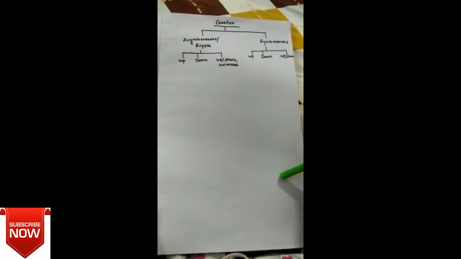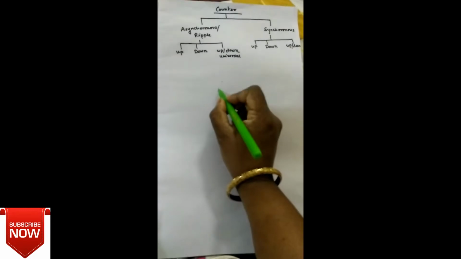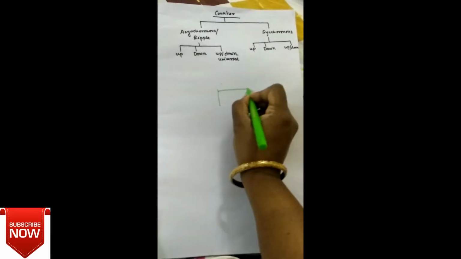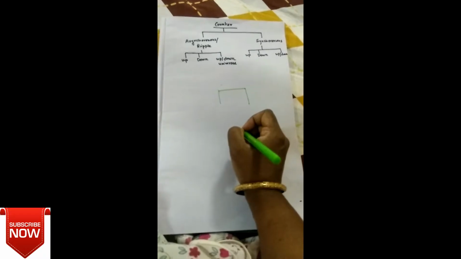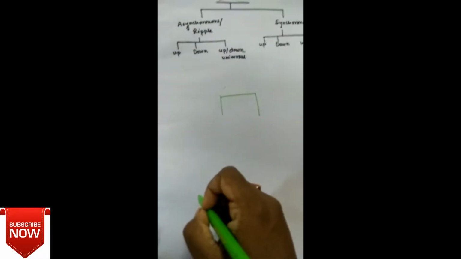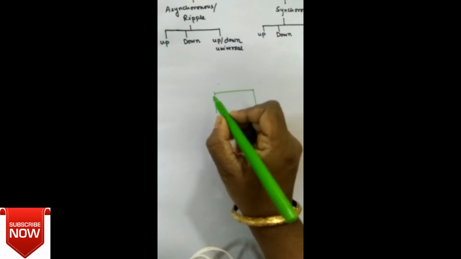See, a counter basically counts binary information in an upward or downward direction. Suppose this is the counter.